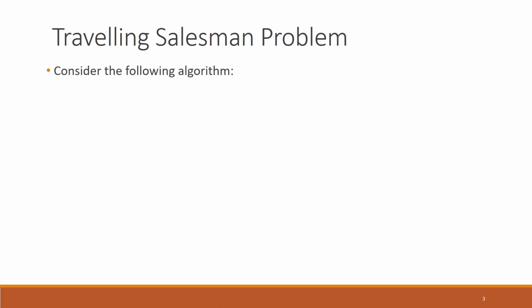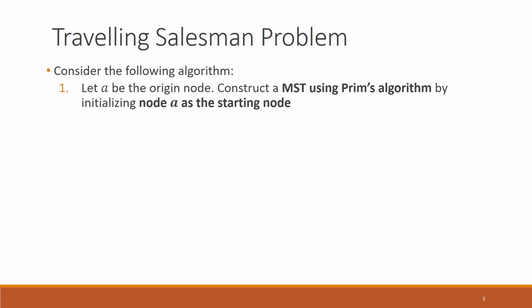Now we will present the main algorithm for this traveling salesman problem. The way it goes is that let a node be an origin node. Let A be the origin node where we want to start the traveling salesman tour, and we construct a minimum spanning tree using Prim's algorithm by initializing node A as the starting node.